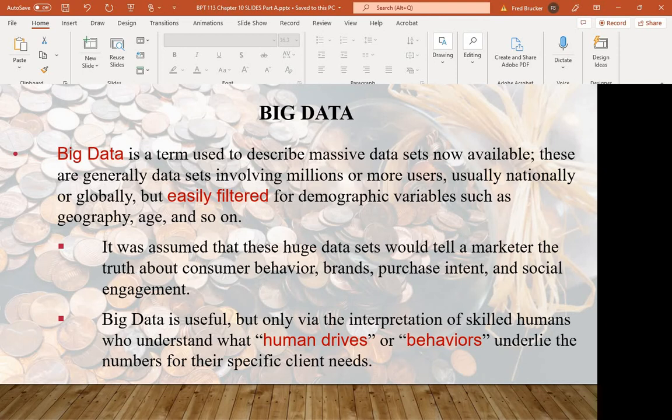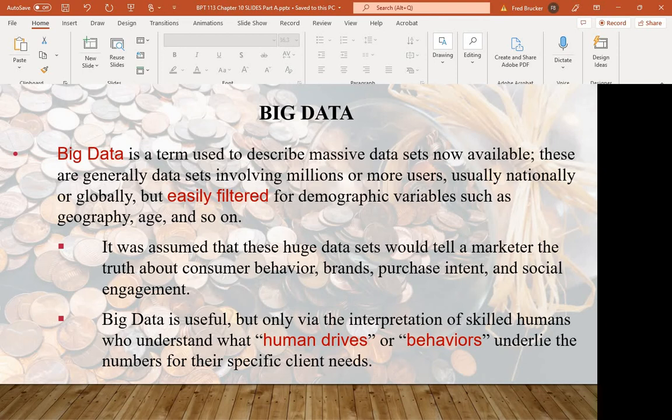But there are some caveats here. It was assumed that these huge data sets would tell a marketer the truth about consumer behavior, brands, purchase intent, and social engagement. But many times we behave online differently than we do in real life.